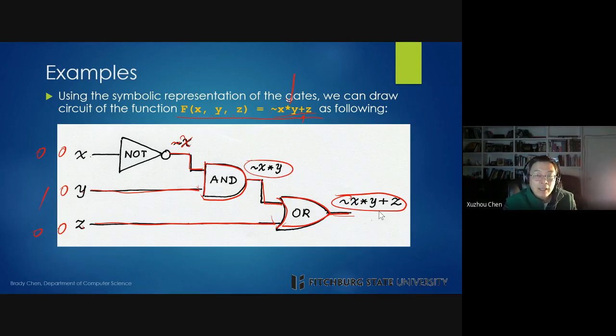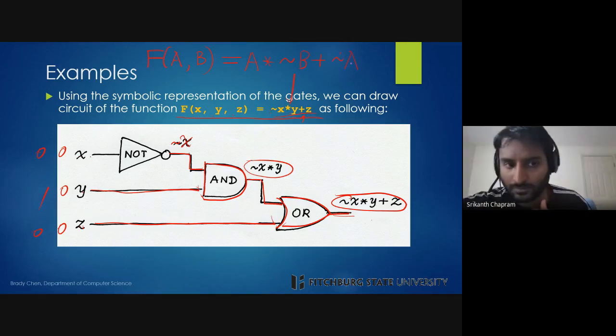Now, I'll give you a couple of minutes, and I'm also going to have a 5 minute break, so you can do whatever you want. But before the break, I'll give you one example. Let's say I want to define a function f of a and b, defined as a times negation of b plus negation of a times b.